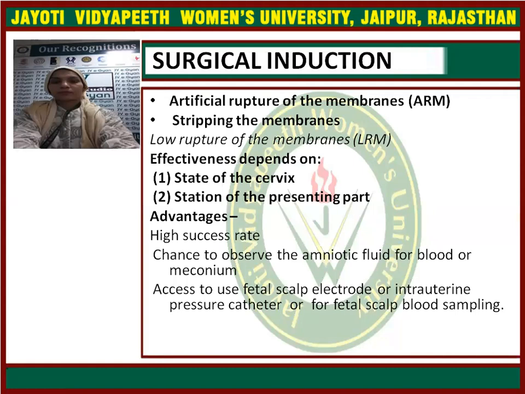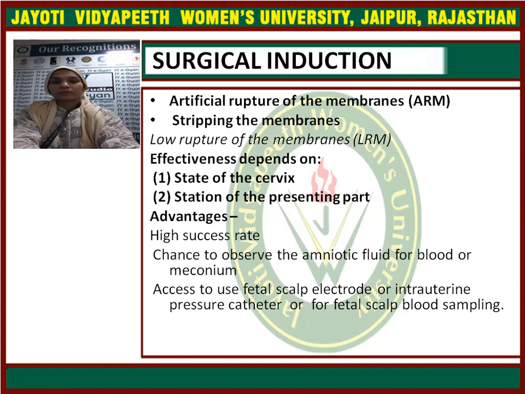The effectiveness of low rupture of membranes depends on the state of the cervix, meaning the Bishop score we had already seen, and the station of the presenting part, whether it is at -1, +1, or 0. Advantages: surgical methods have a high success rate.